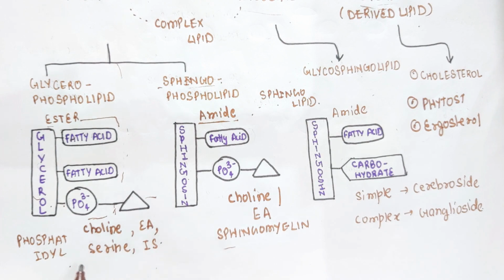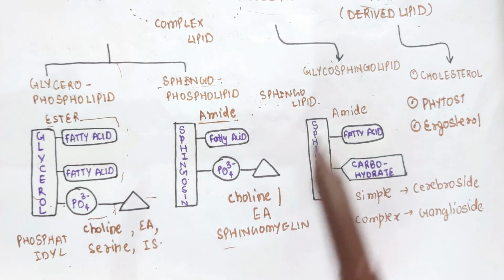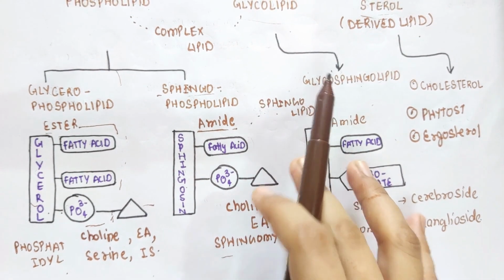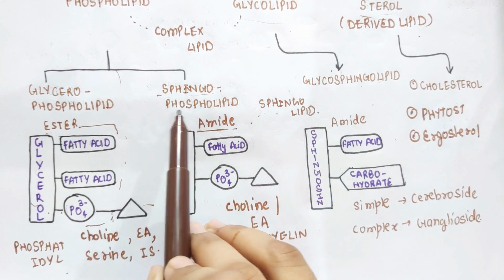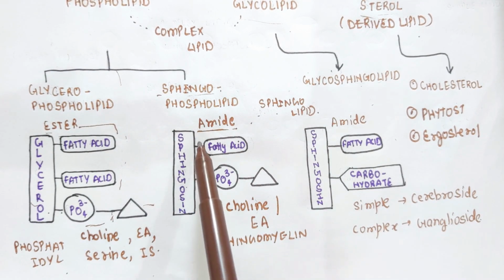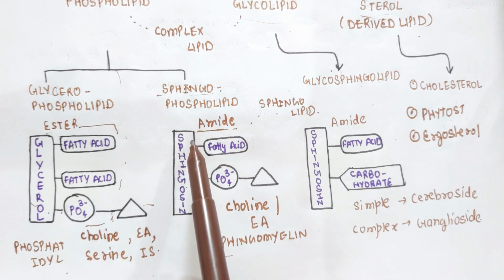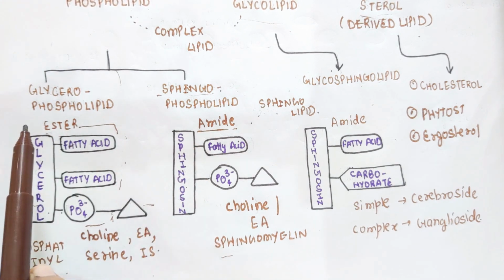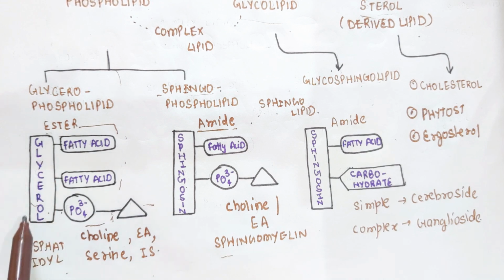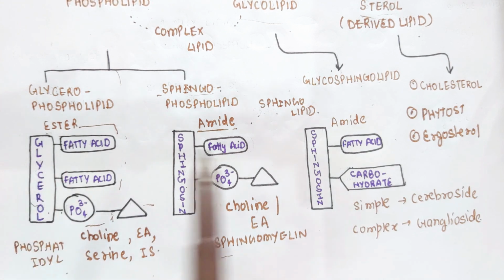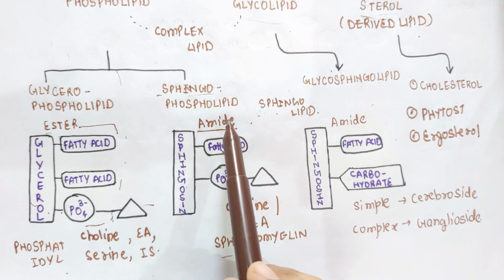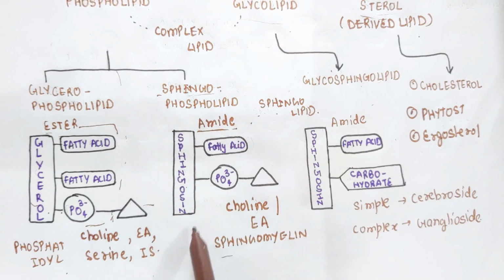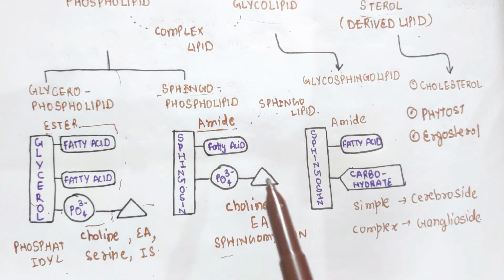Likewise, you can also name the other two structures. Secondly, sphingophospholipid is made up of a sphingosine backbone. Remember that glycerophospholipid is made up of a glycerol backbone, but sphingophospholipid is made up of a sphingosine backbone.